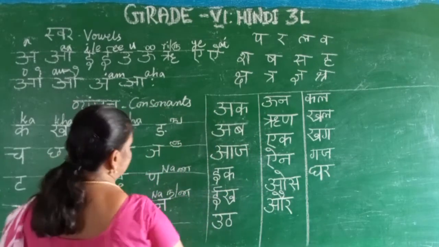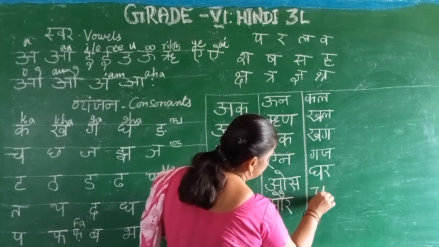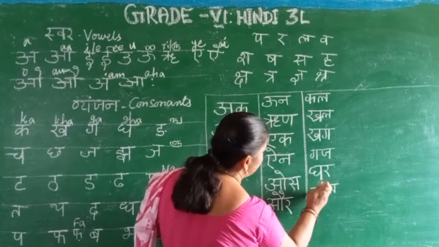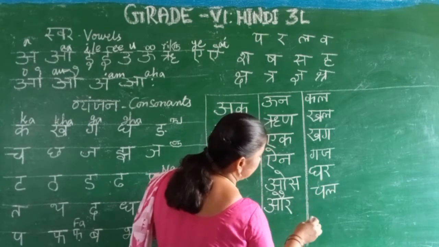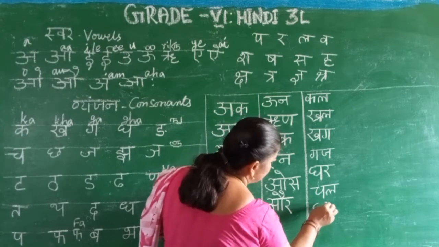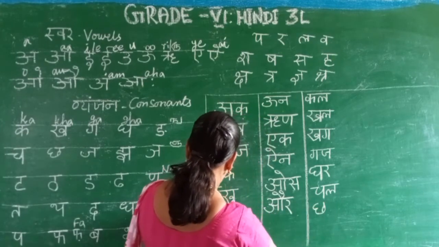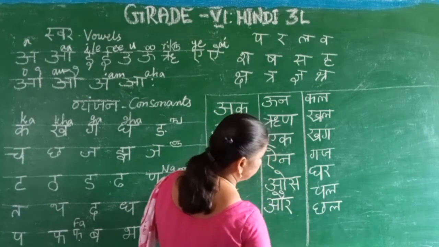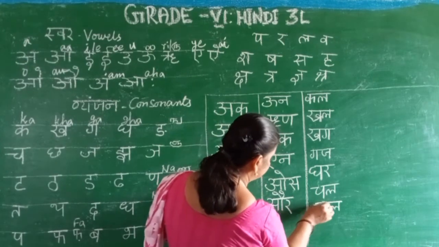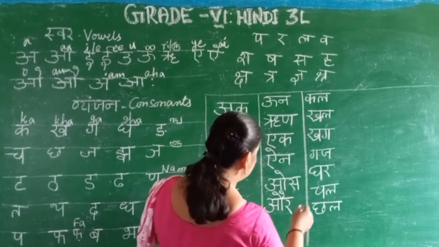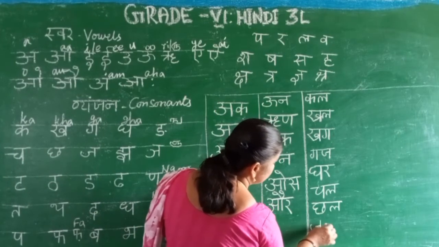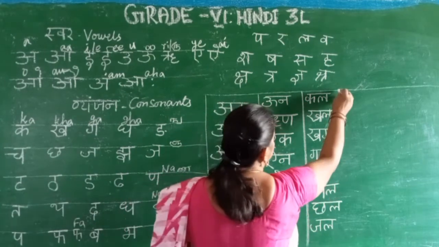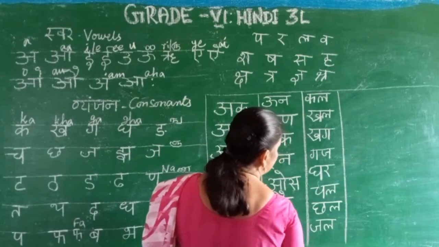Next consonant, cha varga. Cha, la, chal. Cha, la, chal. Next, cha. The same, la, chal. And next one, ja. Ja, la, jal. Next letter.